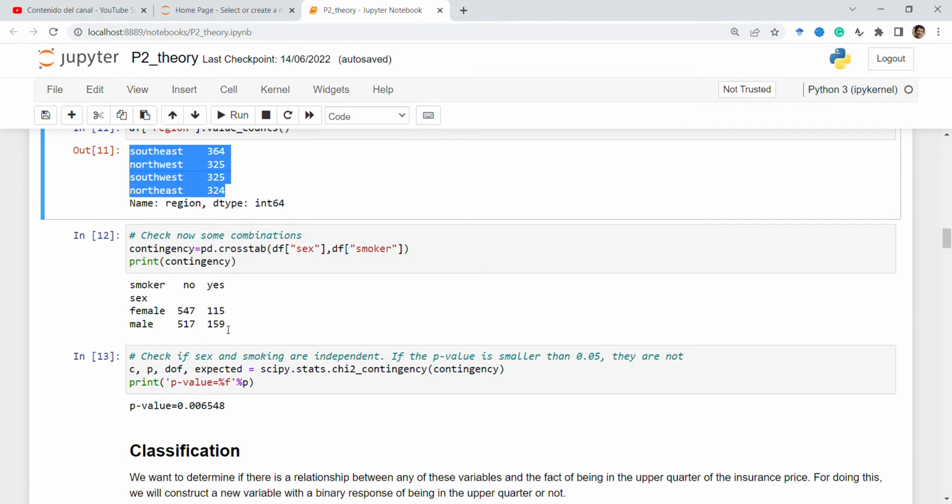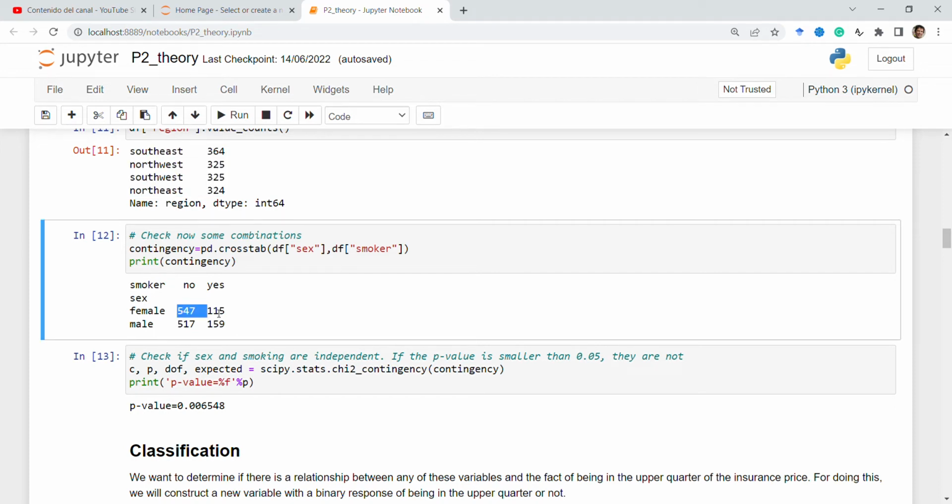And we may check whether there is a relationship between smoking and sex. So for instance, here we have a cross table, and in this cross table we have that 500 females do not smoke while 100 smoke, and 500 males do not smoke and 160 do smoke.